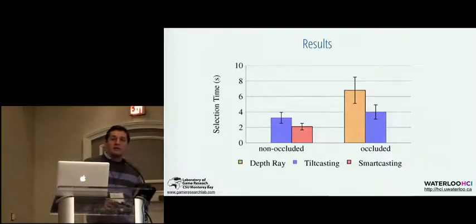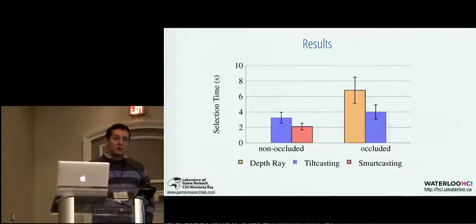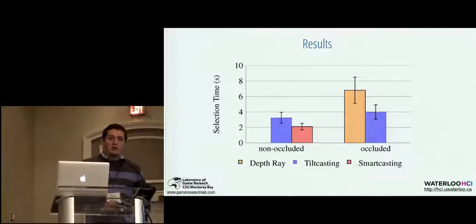And this is quite interesting because if you think about what raycasting is for non-occluded objects, it is really a 2D selection. You have objects which are not occluded, so you really need to manipulate only the X and Y position, and Z position does not matter because we are selecting the first object which is intersected by a ray. And in our case, tiltcasting is always a 3D selection because we are manipulating a plane in 3D.